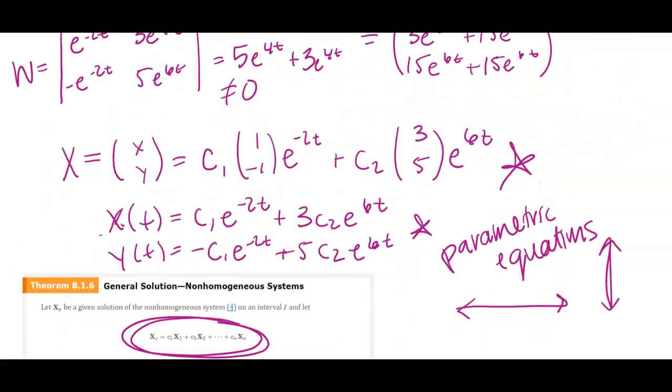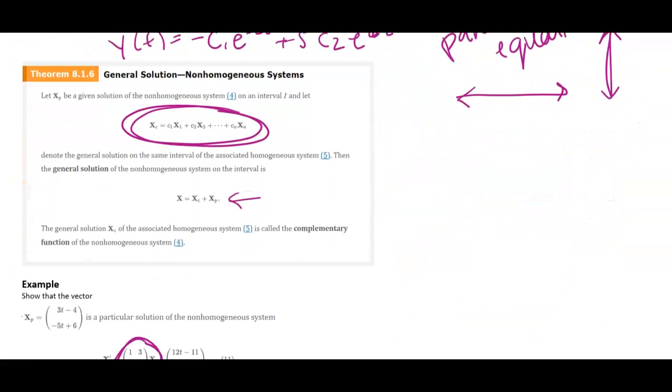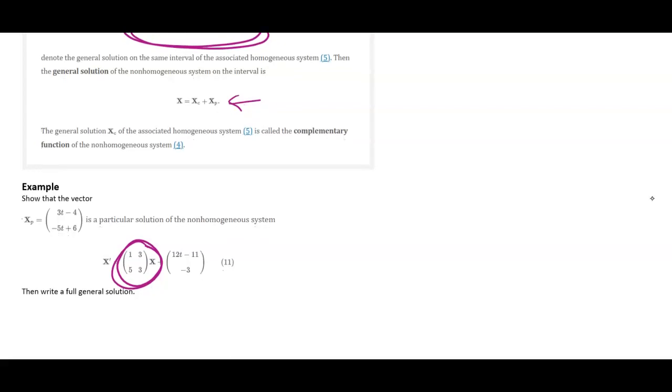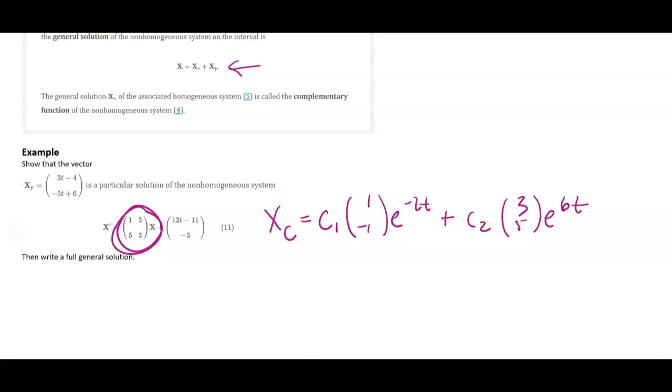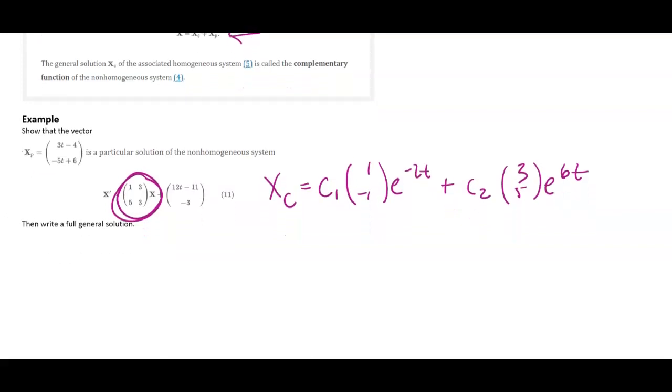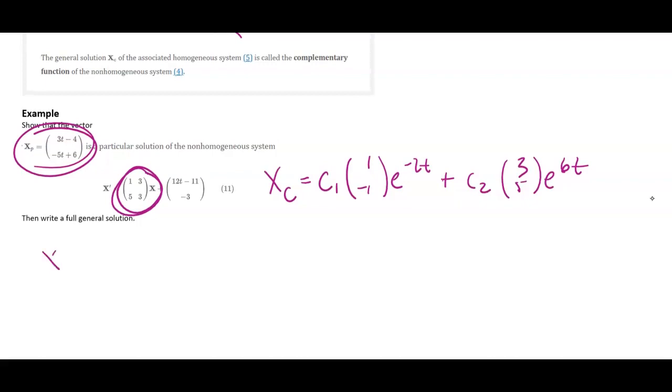So I already know this solution that I found here is my xc. So c1, 1, negative 1, e^(-2t), c2, 3, 5, e^(6t). So now I need to find this xp. I'm just showing you this, to verify that it's the solution. So what would be xp prime? It would be 3, negative 5.